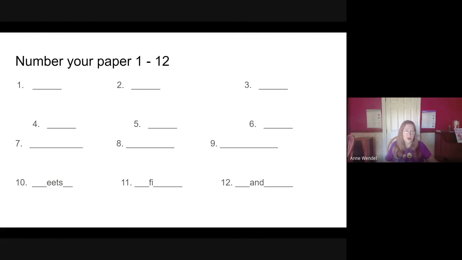Number 4, what letter makes the sound l, as in love? L. Number 5. What letter makes the sound ah, as in octopus? And number 6. What letter makes the sound d, as in dentist?